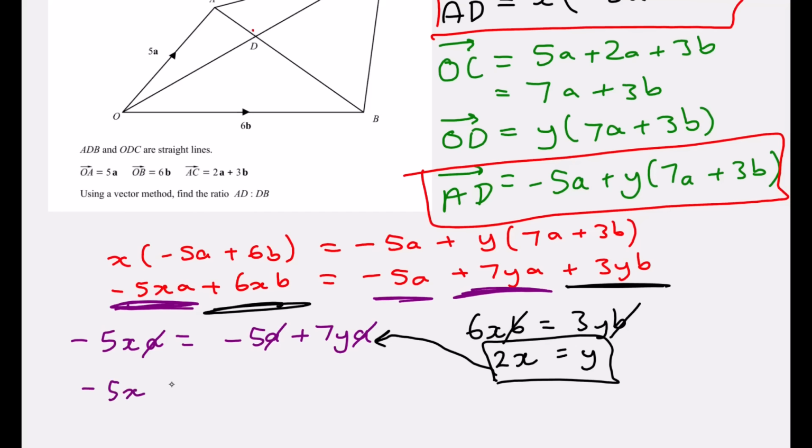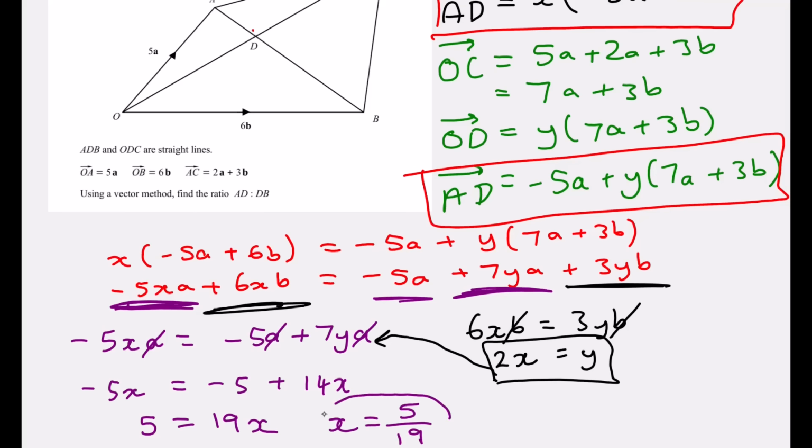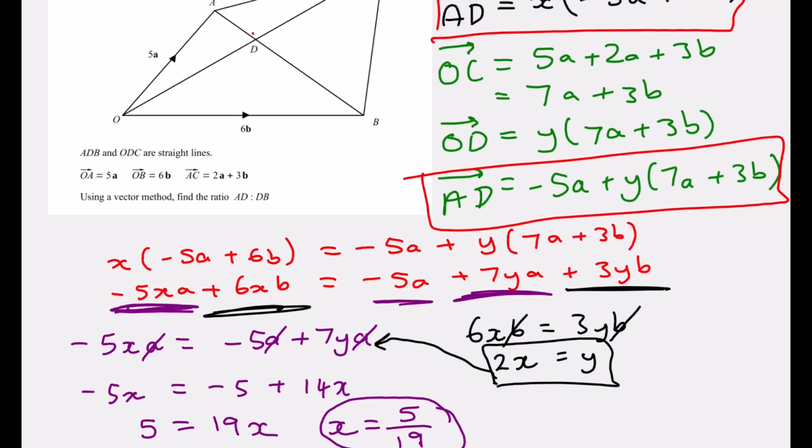So we've got minus 5x equals minus 5 plus 7y. If I change y into 2x, 7 times 2x is 14x. And then I'm just solving this equation to find x: plus 5 to both sides, plus 5x to both sides, divide by 19, x is 5/19.